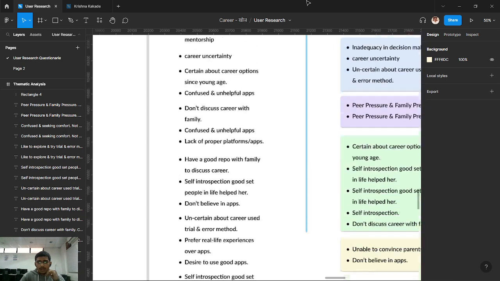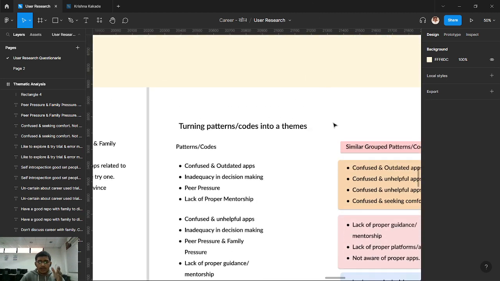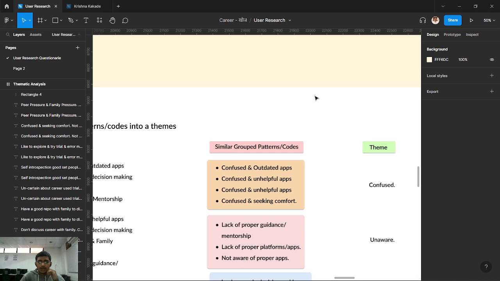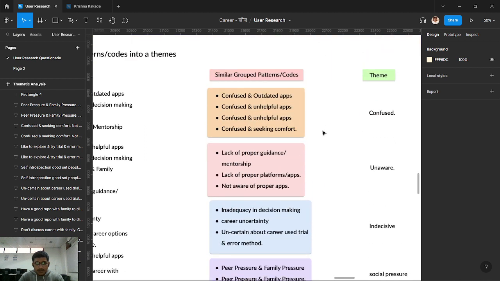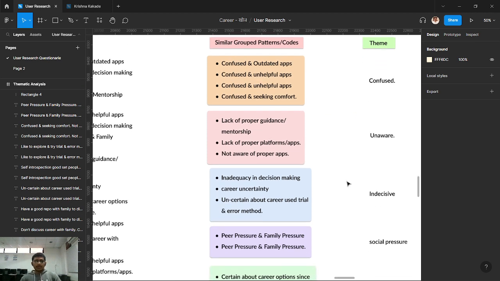After getting this data together, what I did was group similar patterns together, like confused and outdated apps. This is all made in the Figma application. Lack of proper guidance and mentorship, lack of proper platform or apps, not aware of apps. Inadequacy in decision making, career uncertainty, uncertain about career.